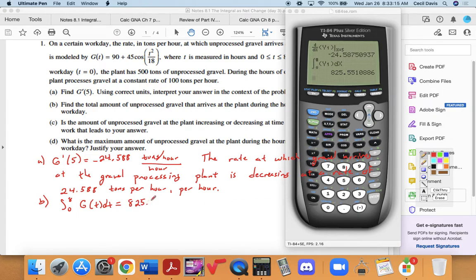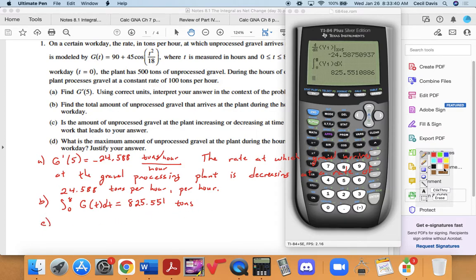So 825.551 tons. How do I know that that's tons? Well, what were the units of g of t? Tons per hour. Tons per hour times dt, which is hours. So that's tons, and that makes sense.